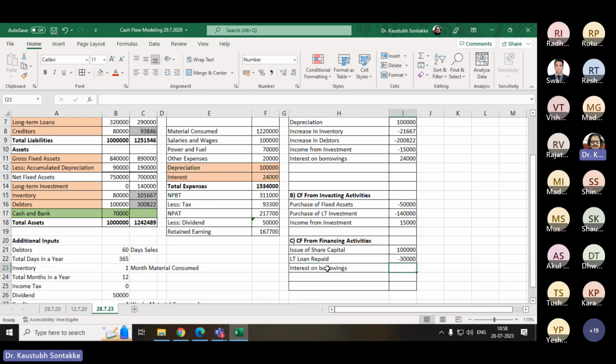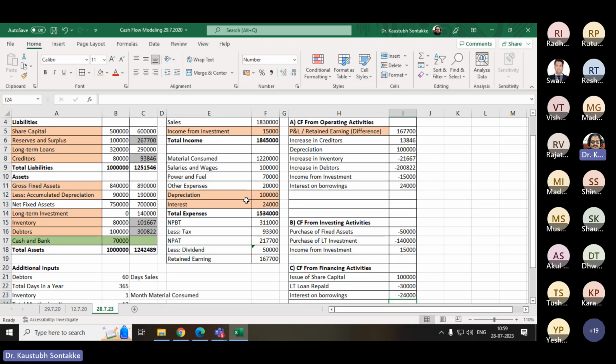Here it is an expense, so is equal to minus sign 24,000 cell, enter. So this becomes minus 24,000. So I have adjusted this also, interest on borrowing.